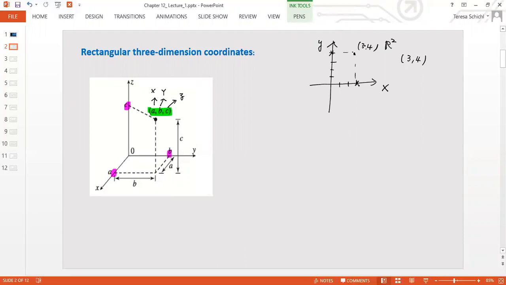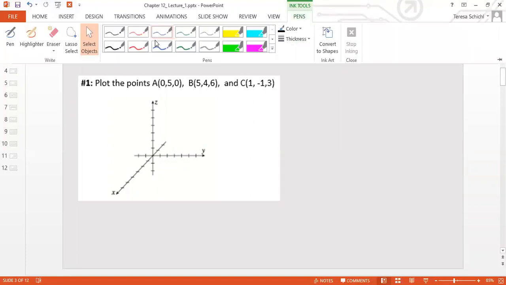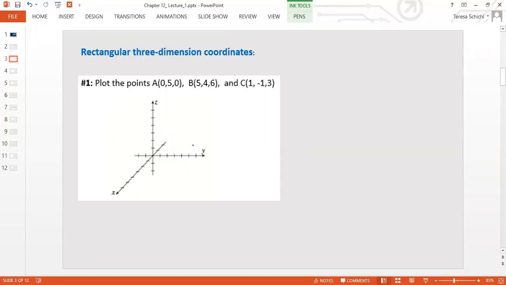Let's look at how we get familiar with these, with our first practice example. I'm going to plot these 3 points. A is (0, 5, 0).